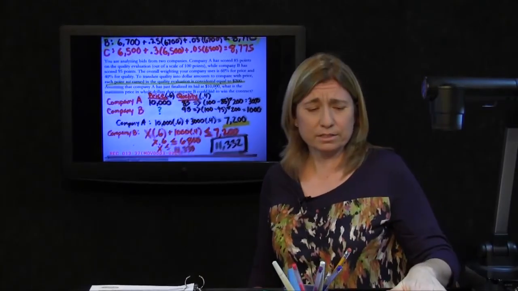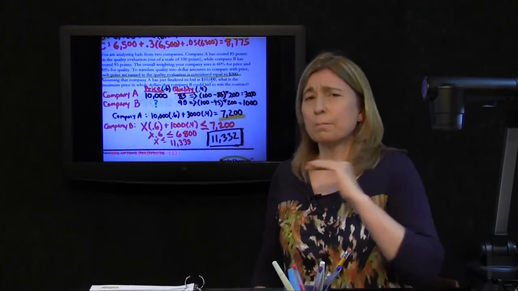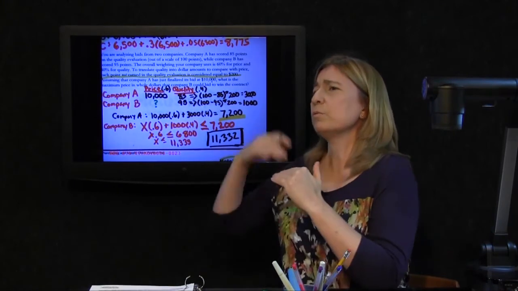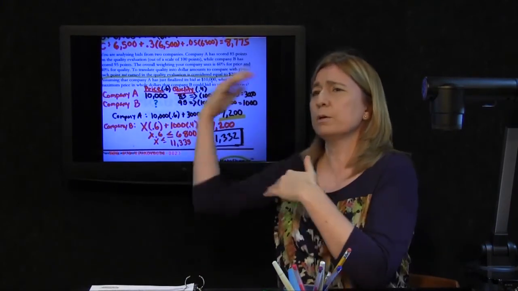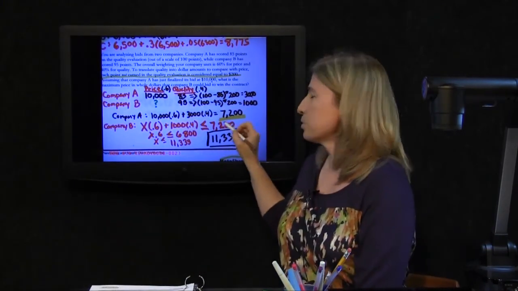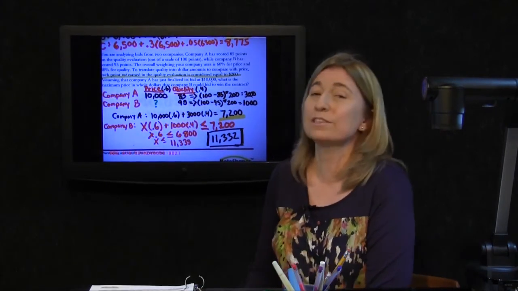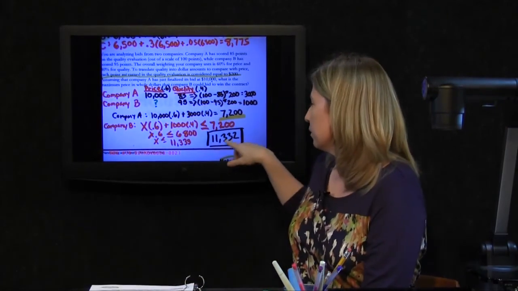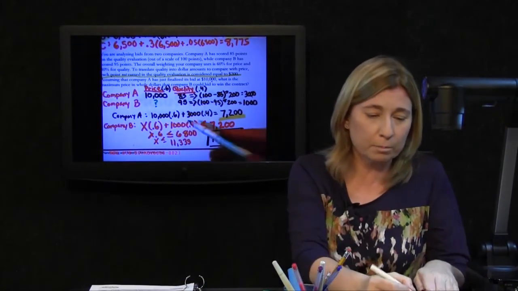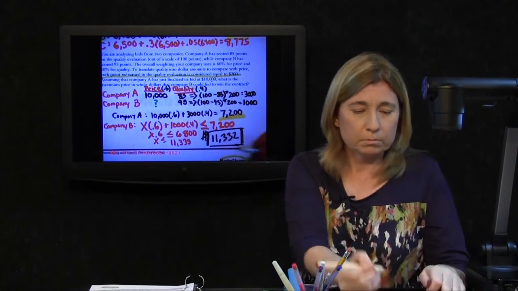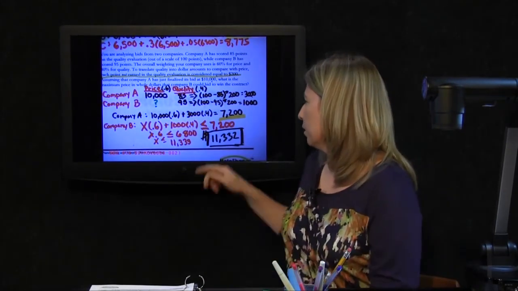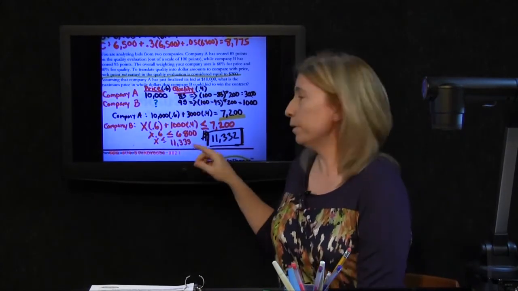But that then is the maximum that they could ask, because if they went any further than that, then they would tip over and their overall resulting score would be more than 7,200, which means that they would no longer be winning the competition. Notice that this is a dollar amount. Unlike those scores, that's an amount that they could bid.